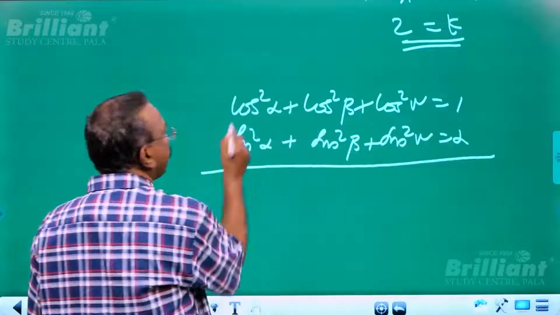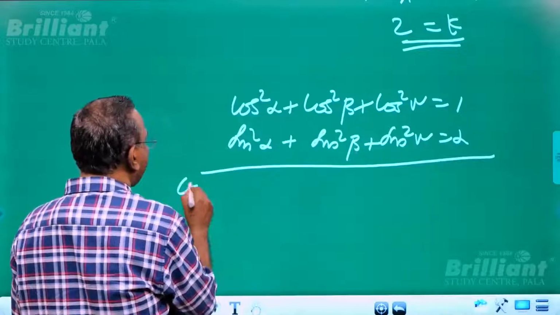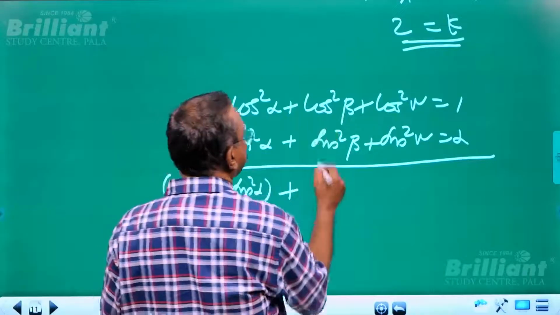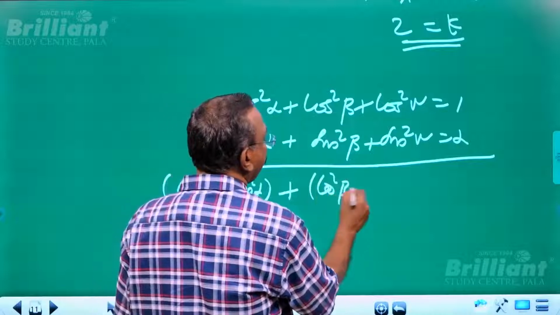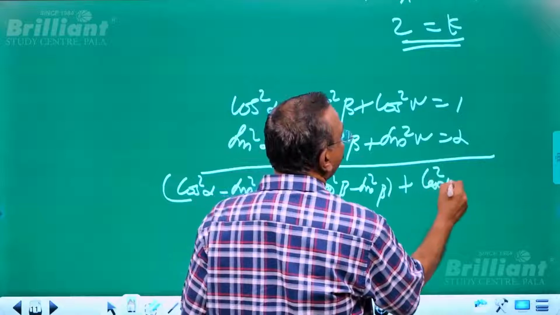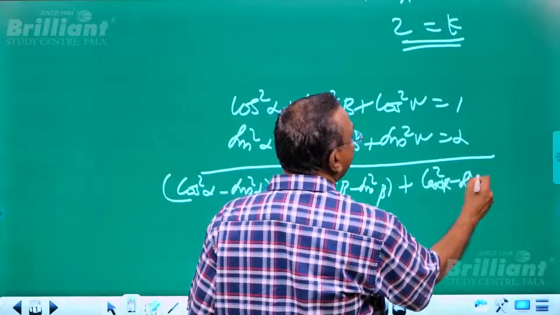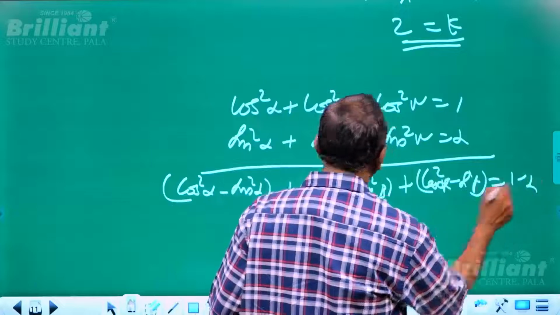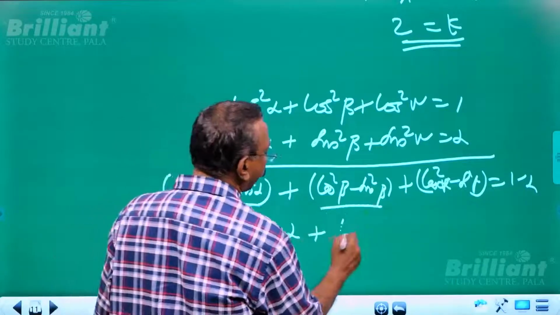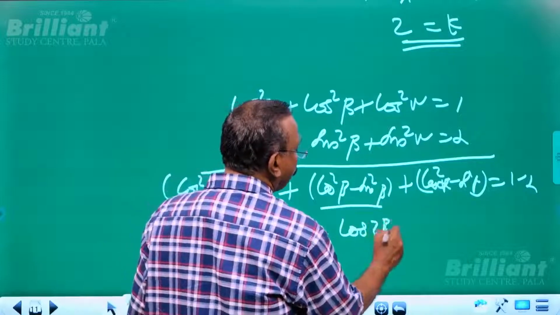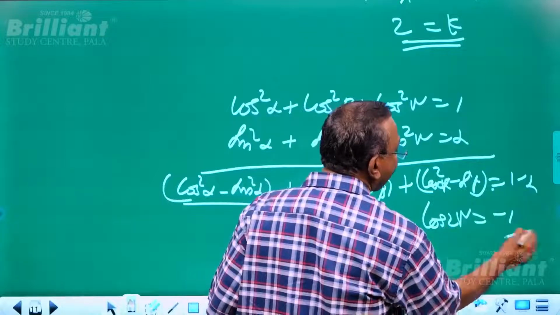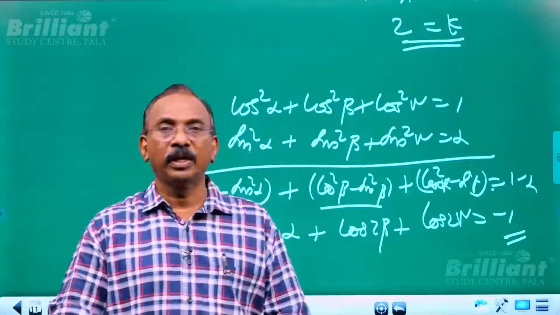So when you subtract, you get cos square alpha minus sine square alpha, cos square beta minus sine square beta, and cos square gamma minus sine square gamma, equal to 1 minus 2. This is cos 2 alpha, here it is cos 2 beta, and finally cos 2 gamma, equal to 1 minus 2, which is minus 1. So keep this in mind.